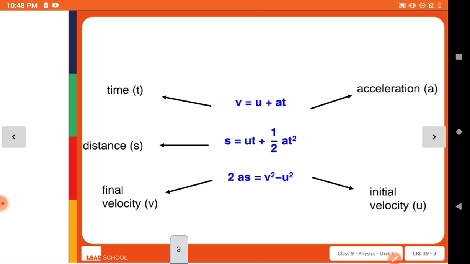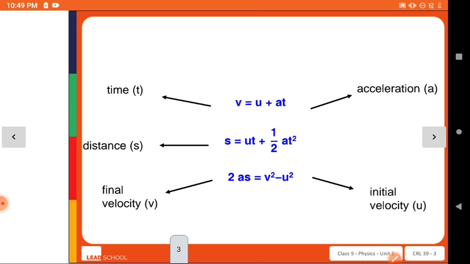In the first equation we have four parameters: final velocity, initial velocity, acceleration, and time. In any numerical question, if we have four parameters, the fourth one is for calculation and the other three are given. Then we select which of the three equations is suitable for our numerical.